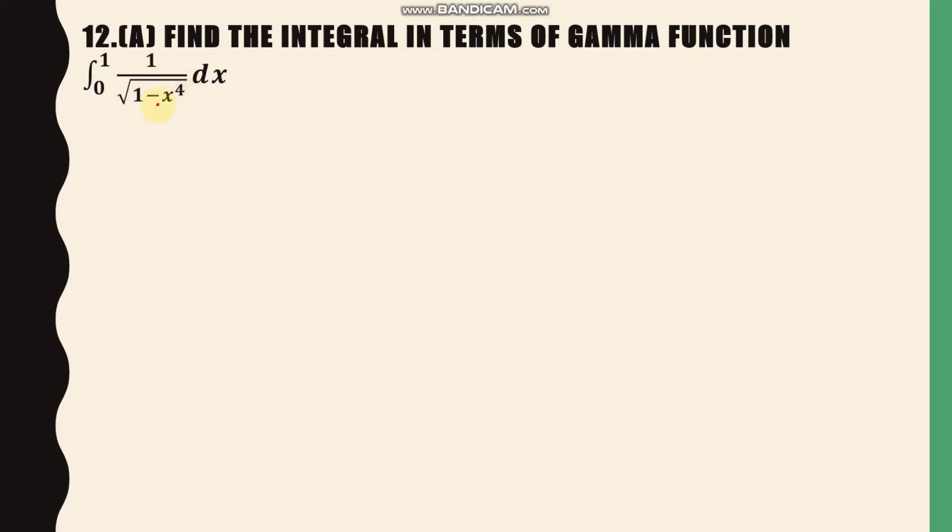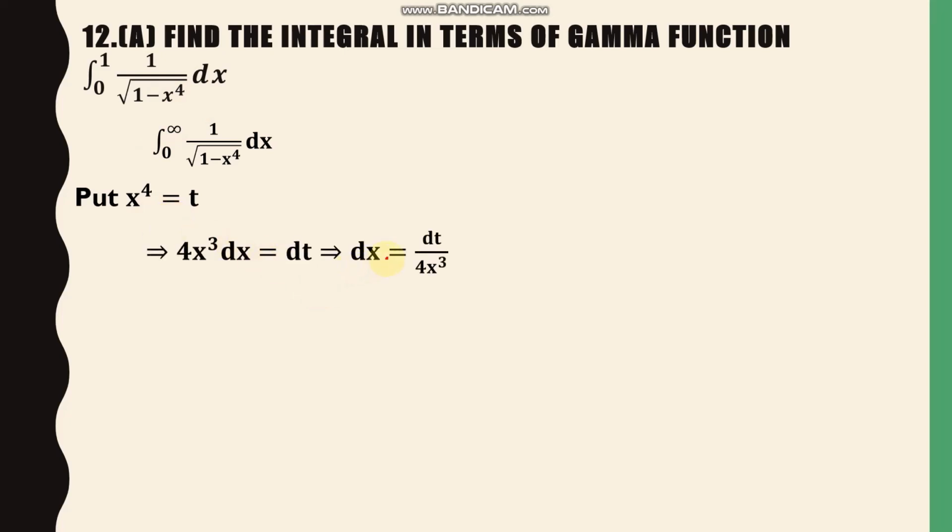So here we can make this integral firstly in the form of beta function. So I'll make the substitution here, x to the power 4 to be t. So x to the power 4 equals t, so 4x cube dx will become dt and dx will be dt upon 4x cube. Now you have to put the value of x here in terms of t.